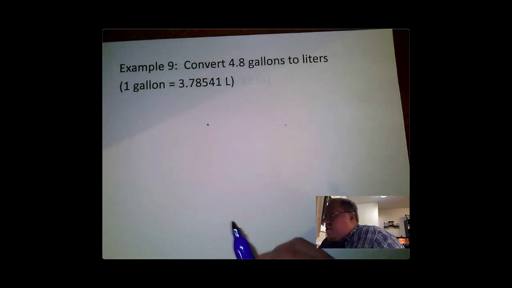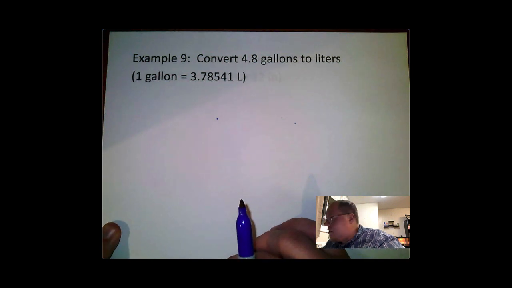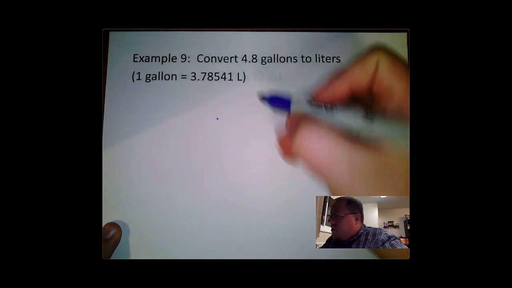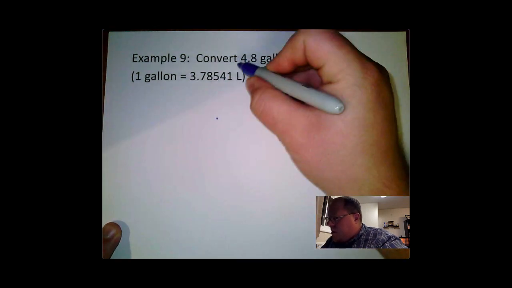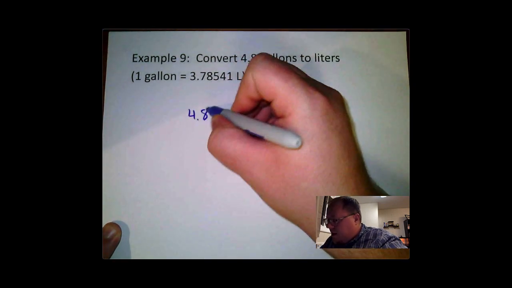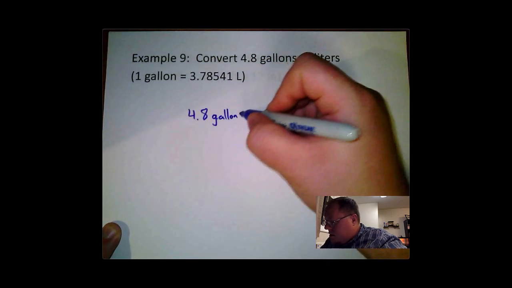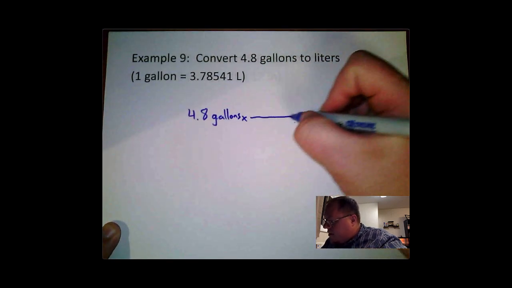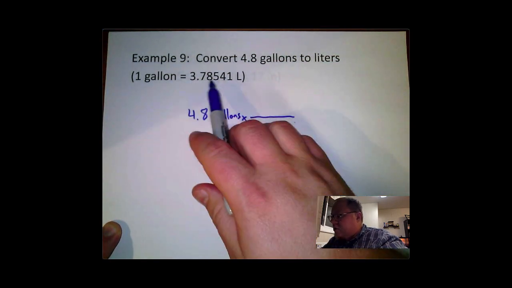Okay, this time I'm going from 4.8 gallons to liters. Gallons to liters here. So, converting from the US to the metric here. So I start with the number I'm given, 4.8 gallons, times a factor here. The factor is composed of this conversion here.